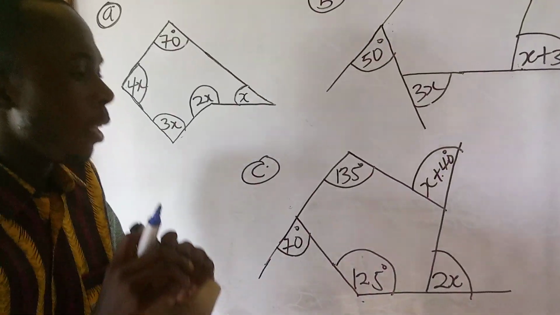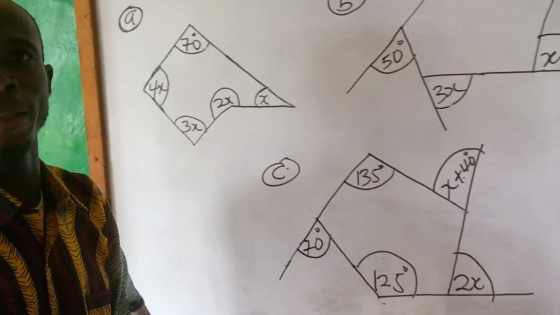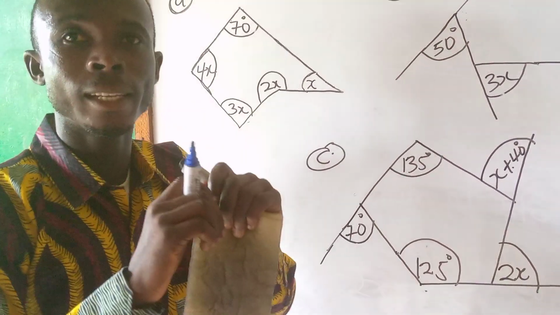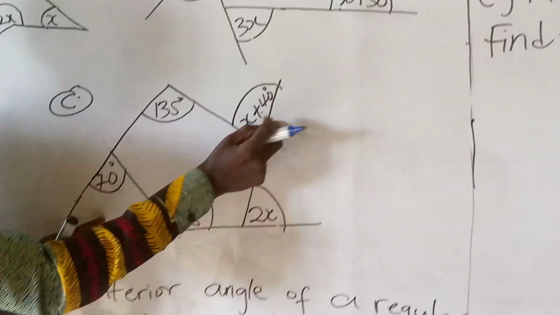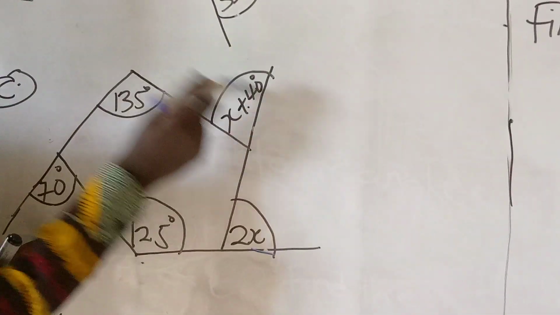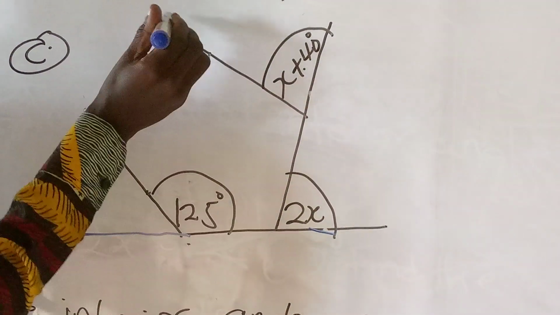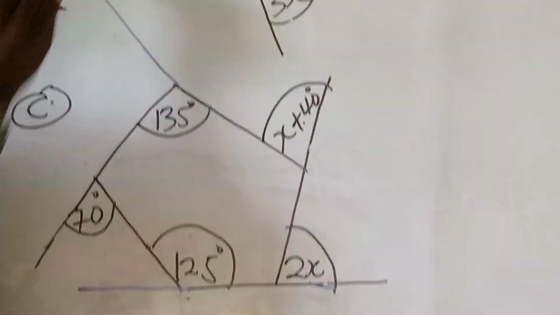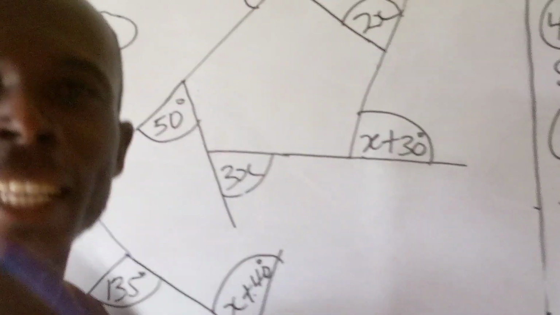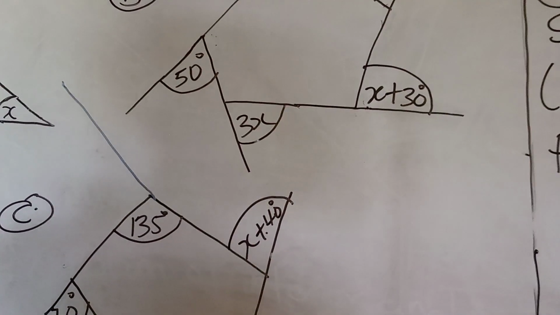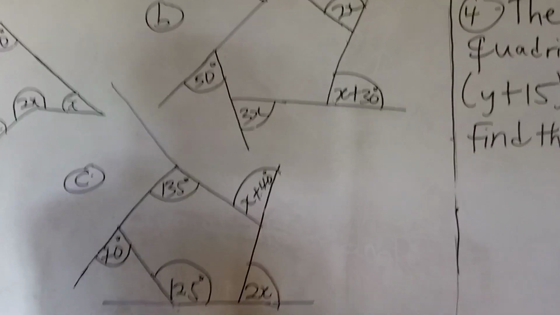Always when given a question like this, do not touch these exterior angles. I repeat, do not touch these exterior angles, but you should extend this line. You extend it because I said the sum of interior angle and adjacent exterior angle sum up to 180 degrees.